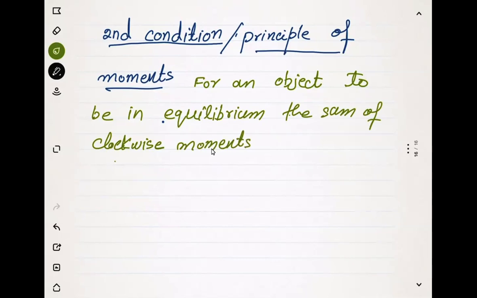While applying the principle of moments, since the object is in equilibrium, you can take the pivot anywhere. When the object is not rotating, the pivot can be taken anywhere, so it should apply to all points.